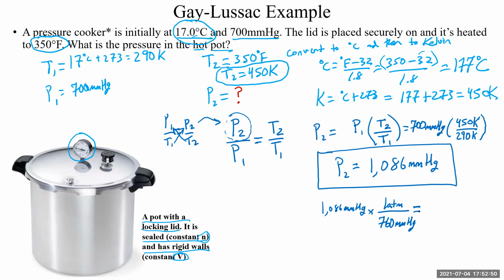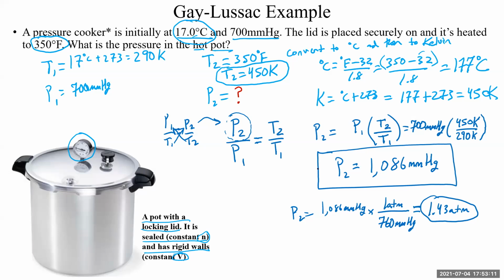Oh, I was a little off, it's 1.43 atmospheres. So in case you were curious, it's 1.43 atmospheres. The problem didn't ask for atmospheres, so you're perfectly fine just reporting it in millimeters of mercury.